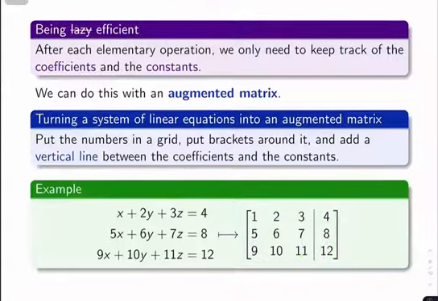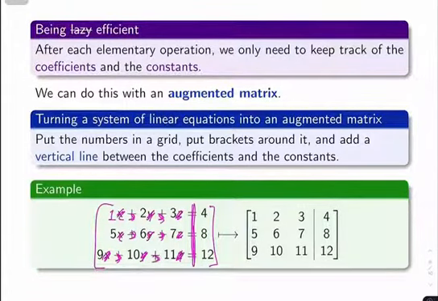So really it's just like taking this system of linear equations, but I remove the variables. And then instead of the equal sign, I put this bracket. And then sometimes for clarity, people might write commas when the coefficients are big.